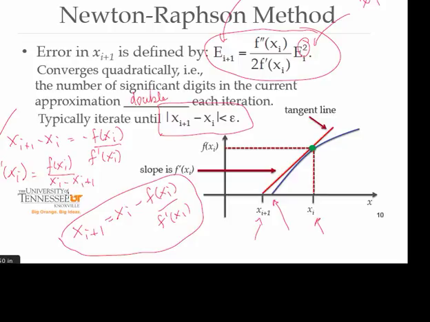Well, keep in mind f prime of x_i is the slope of the tangent line at that point, and that slope can be represented as the rise over the run. The rise is obviously f of x_i, that's how high you went, and the run would be going from x_i to x_{i+1}, written as that difference.